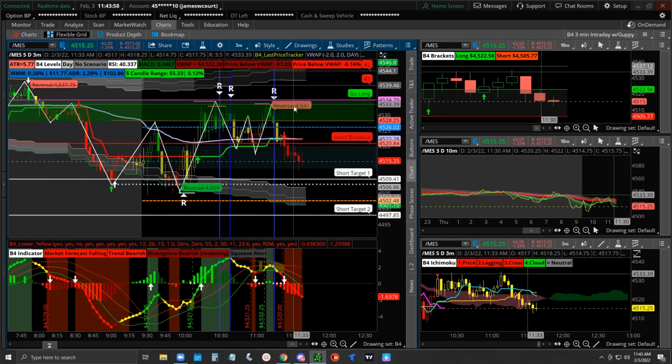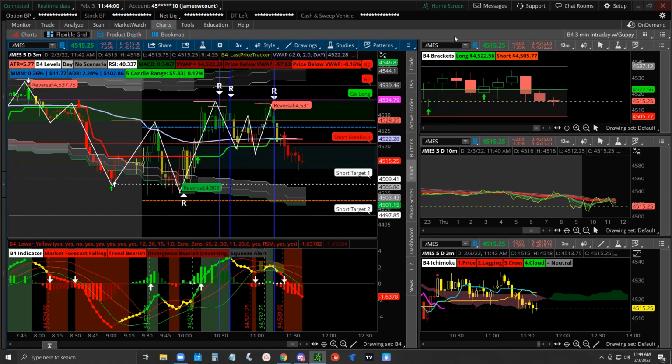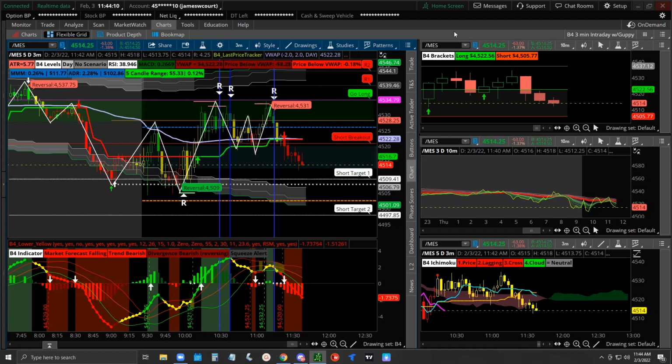We're stuck in this trading range. I would wait for this area to be tagged. It's coming down because it's a wonky megaphone pattern, but it is a megaphone pattern, or expanding triangle. Okay.